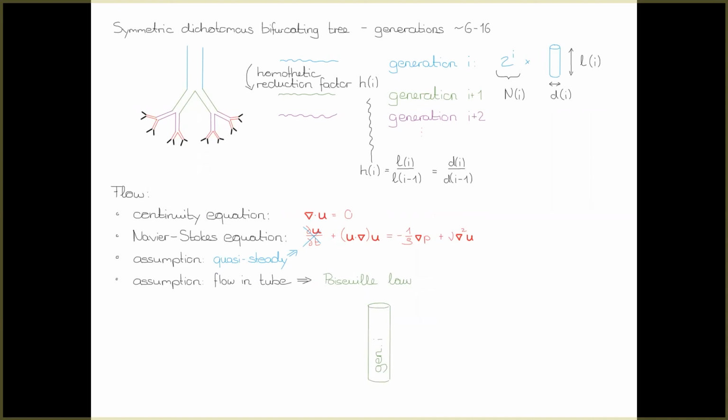So when we look at one of these cylinders at generation I, for example, we have here a certain mass flow rate. That mass flow rate would be the mass flow rate which goes in through our trachea. Then we have to divide it by Ni, which is 2 to the power of the number of generations.